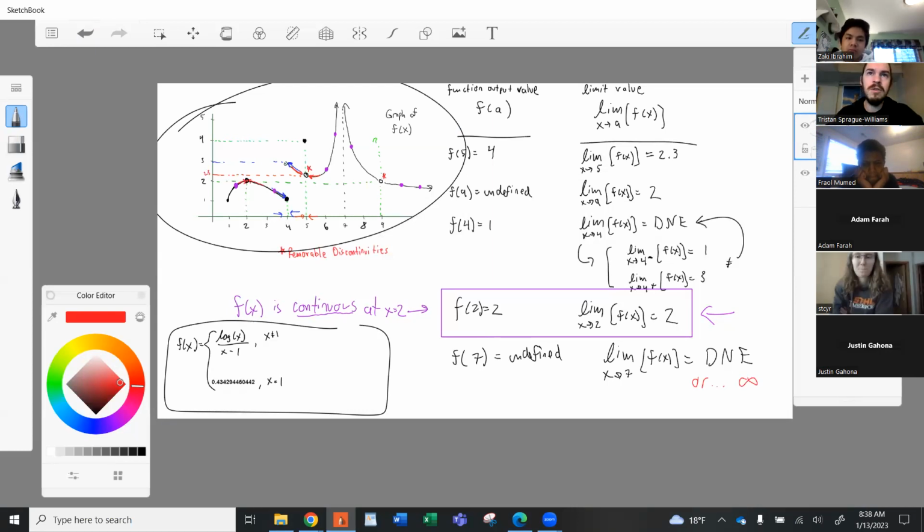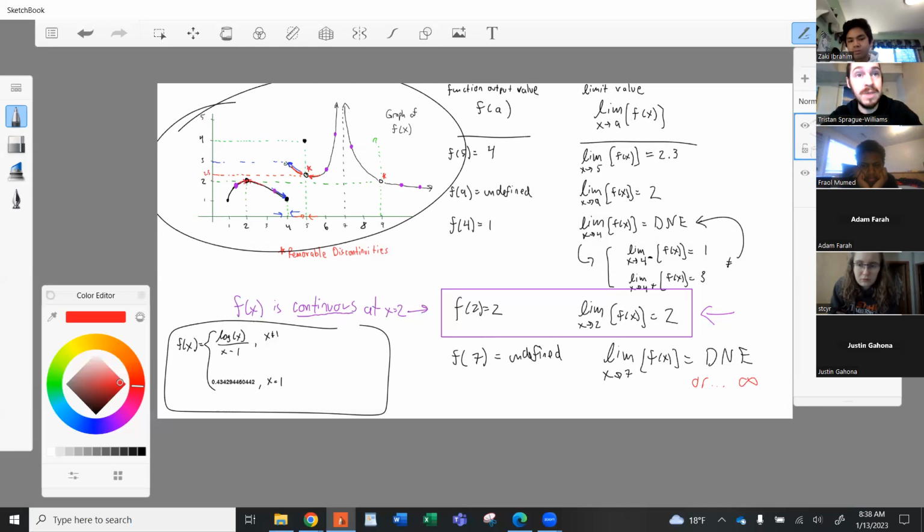Infinity is not a number, as I explained yesterday, but it is a direction, sort of, right? If you say the limit is infinity, that's not saying that the function ever gets to infinity. It never obtains that value as an output. Instead, it's saying that it's approaching infinity.